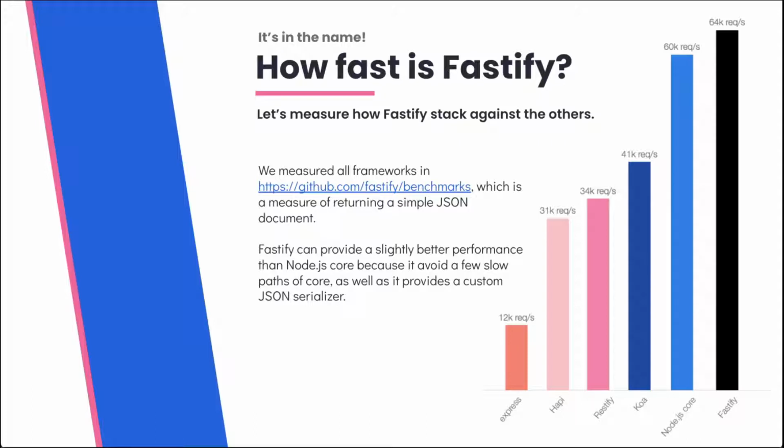It's probably faster than whatever you are using, and at this level, it's comparable to just using Node core. This is critical because we don't want a significant drop in throughput and performance. Your web framework should not be your main bottleneck, right? I'll talk a little bit more later on about why it's fast.